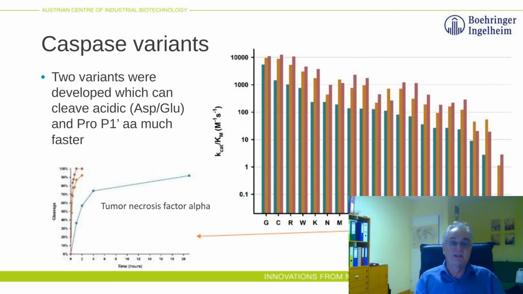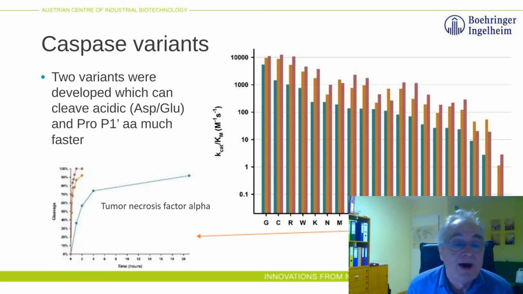Then we also overexpressed tumor necrosis factor with valine. So these were the original. You see on the left-hand side the arrow points to the cleavage over time.